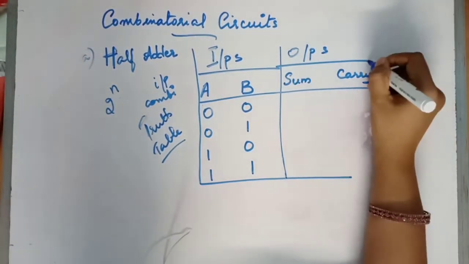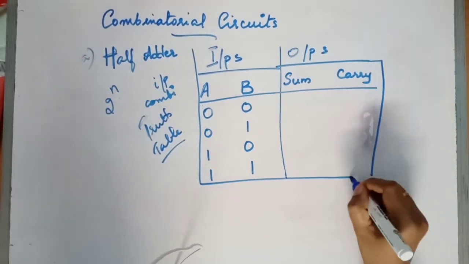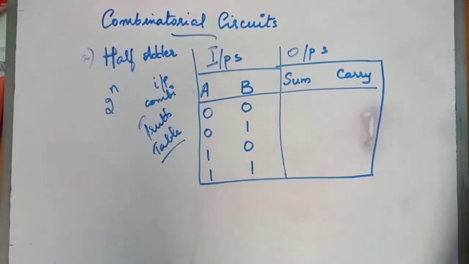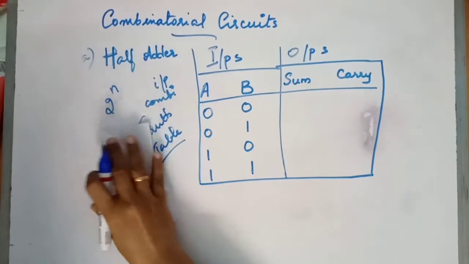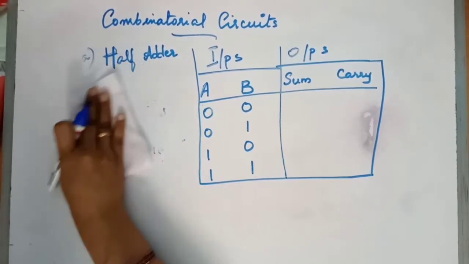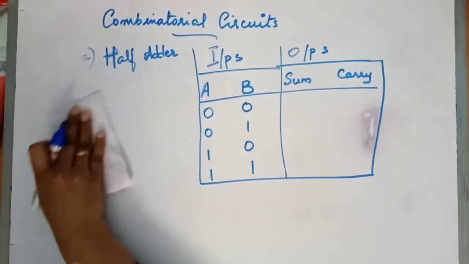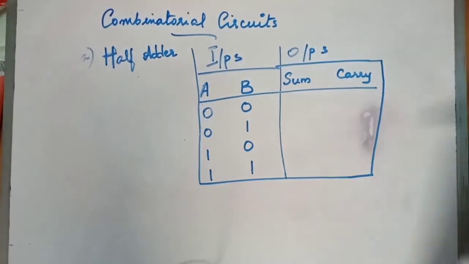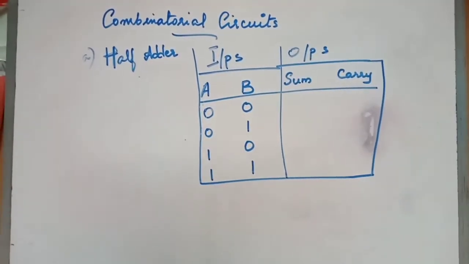Next we'll write the sum and the carry. What is sum? Just add the two inputs, you'll get the sum, and if there is a carry over, then that is the carry.